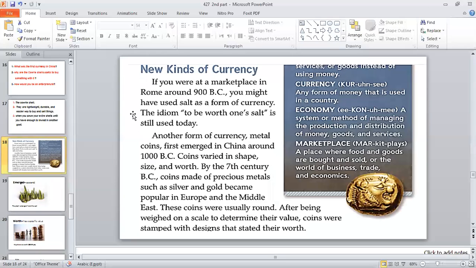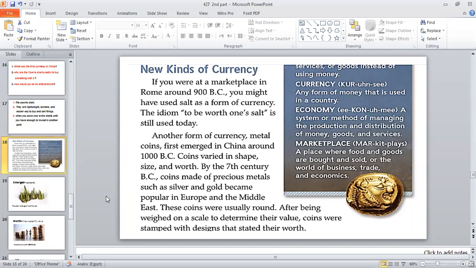Okay, start, Himdan. The new kinds of currency. If you were at a marketplace in Rome around 900 BC, you might have used salt as a form of currency. The idiom to be worth one's salt is still used today.